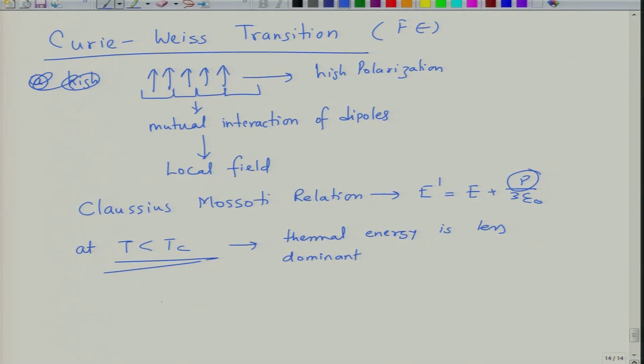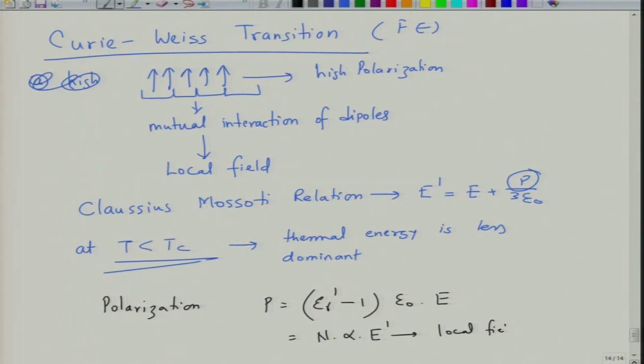So we can write the expression for, let us say, polarization. The polarization can be expressed as P is equal to epsilon r prime minus 1 into epsilon naught into E. This can be given as n alpha into E prime, where E prime is taken as the local field, and we are taking all the n number of dipoles of polarizability alpha, and a field which is something different, not the applied field, which is the local field.